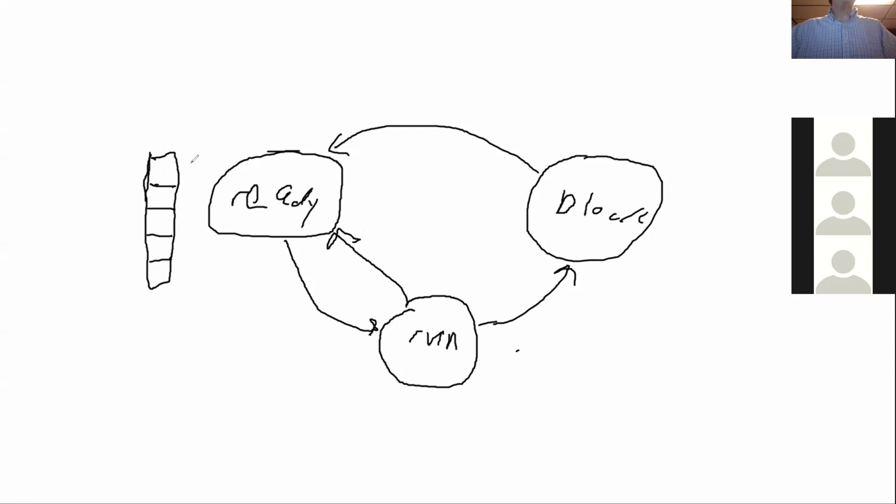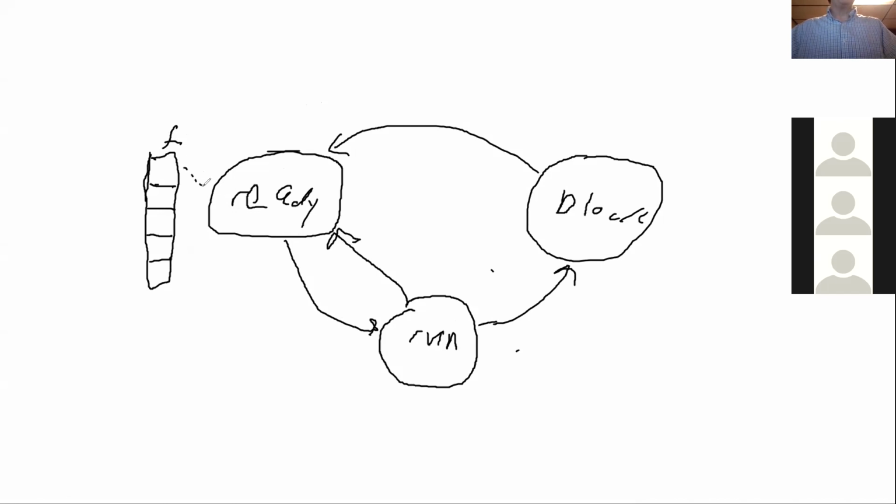Okay, and we'll call this the front of the list. So you pick somebody from here and put them in the run state. Then somebody else goes to the front of the line. After you've run for a while, maybe you blocked and then you get back into the ready queue. When you come into the ready queue, you go to the end of this list.